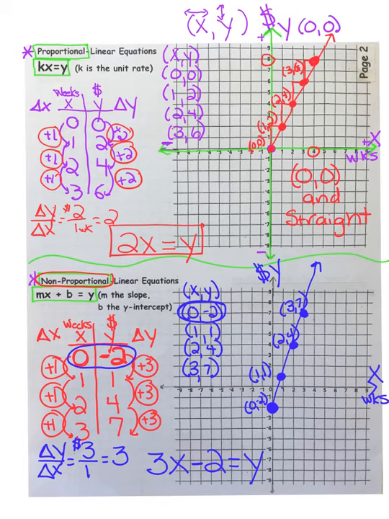Clearly, this second equation is not proportional. And if you look at the graph, clearly it doesn't start at 0, 0. It is straight, it is linear, but it does not start at the origin.